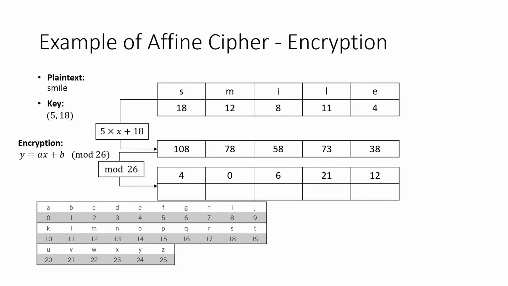We get 478. It's actually a number divisible by 26. So 26 times 3 gives you 78. That's why we get 0 there. For 58, we get 6. For 73, we get 21, and so on and so forth.